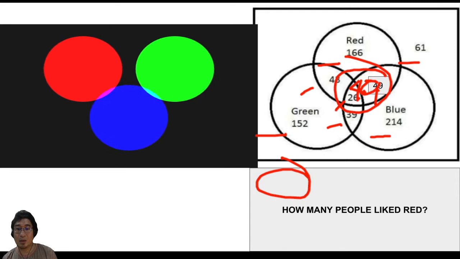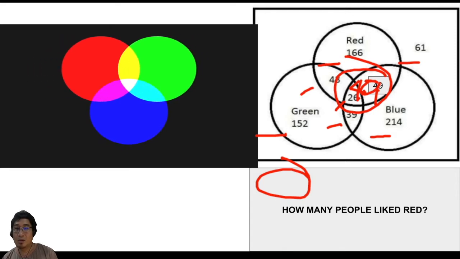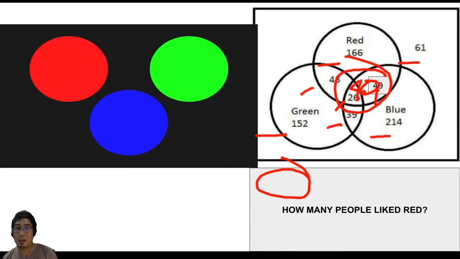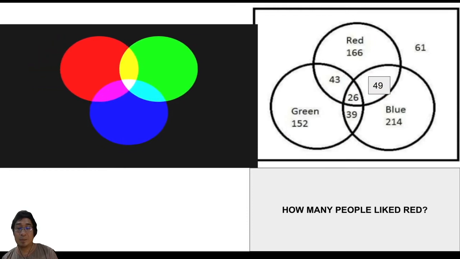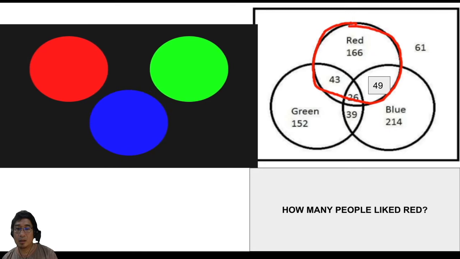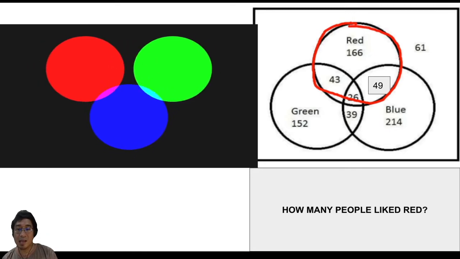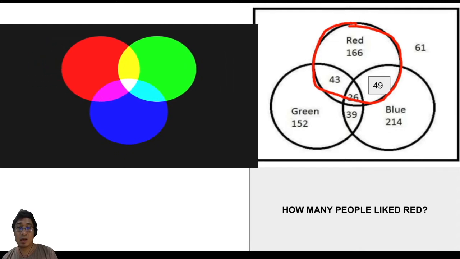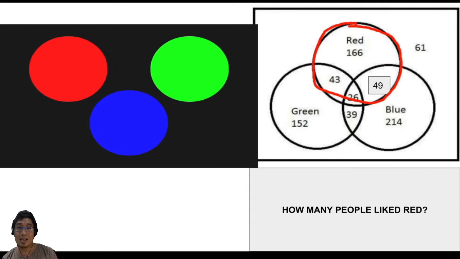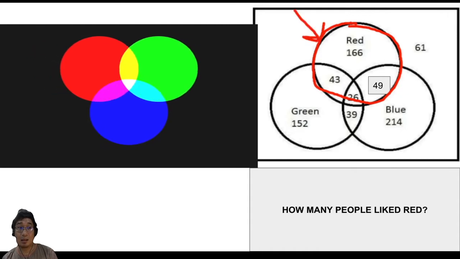How many people like red? So, let's check and examine the diagram. Ilan daw ang may gusto sa red? So, ibig sabihin if the question is asking about those individuals who like red, we have to check those elements that are inside the set na red. So, what are those elements or properties?